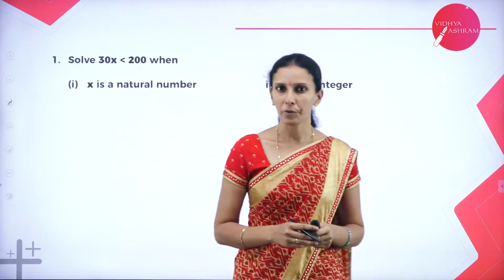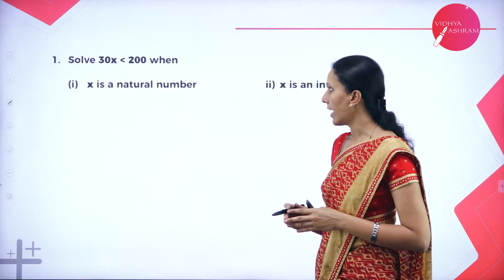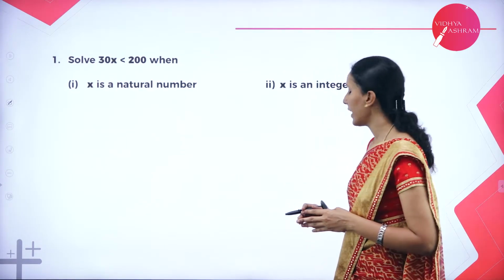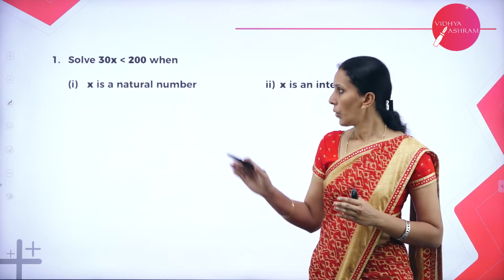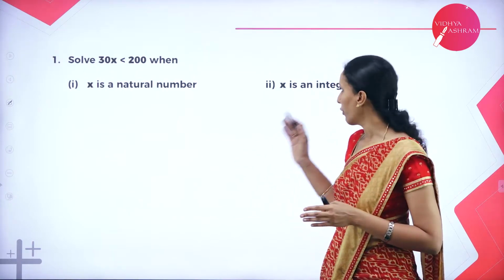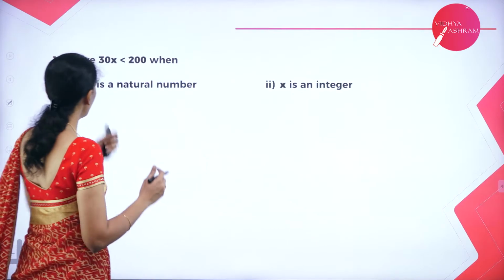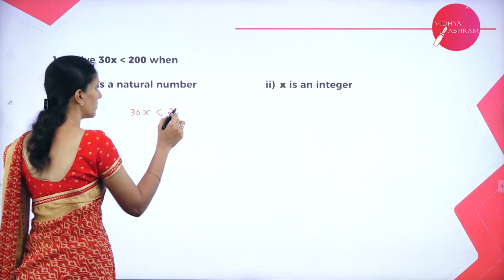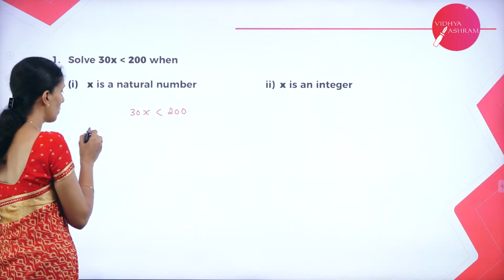Now let us solve a few problems here. We have: solve 30x less than 200 when x is a natural number and when x is an integer. So you are going to write the solution set when x is a natural number and when x is an integer. First let us solve the inequality given. We have 30x less than 200. I need the value of x here, so divide by 30 on both sides.